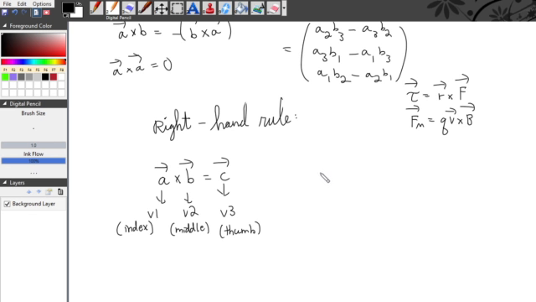So as an example, as I said earlier, we have torque. So this would be thumb, this would be index, and this would be my middle finger.